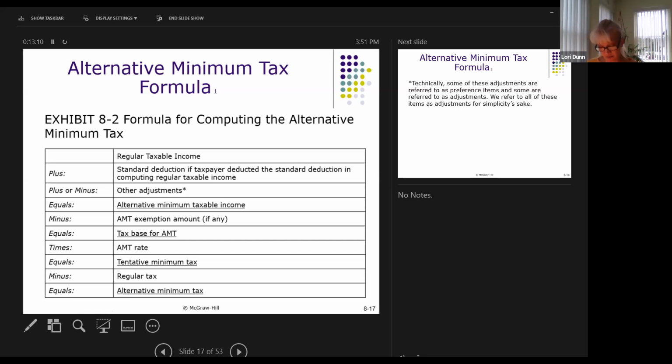Now, they just modify the example in the next item. It says, well, what if her AMTI, her alternative minimum taxable income, ended up being $700,000? Ooh, now her AMTI is above the lower end of the threshold of $518,400.